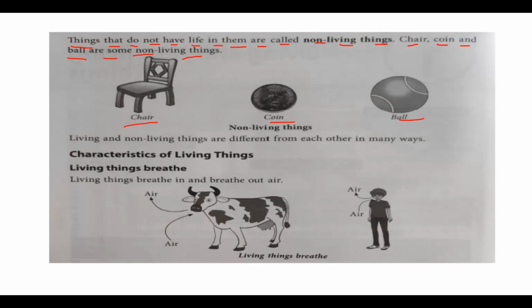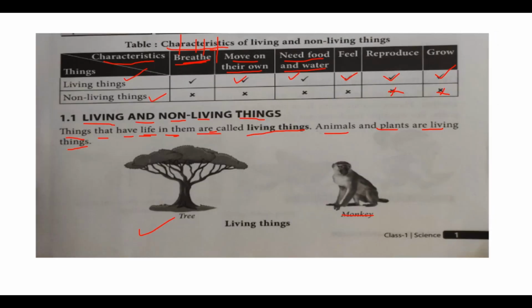They do not have life in them, so they come under non-living things. Now living and non-living things are different from each other in many ways. We have seen in this table that there are some characteristics or features based on which we can differentiate between living things and non-living things.